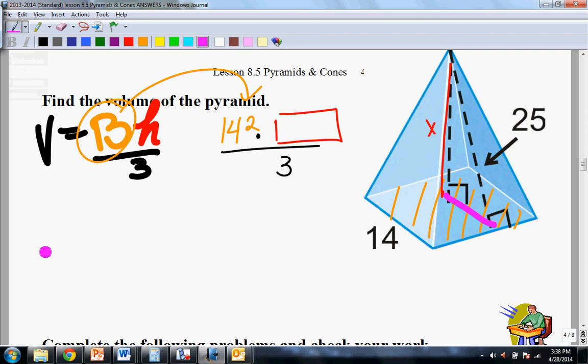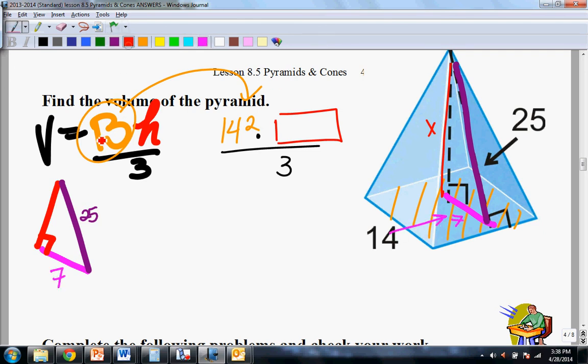See this triangle? There's our true height. And then this is 25. This right here is half of 14, so it's 7. And we have x. So x squared plus 7 squared equals 25 squared.